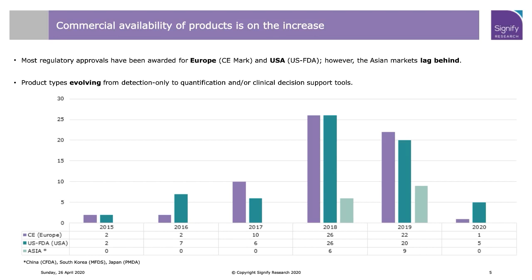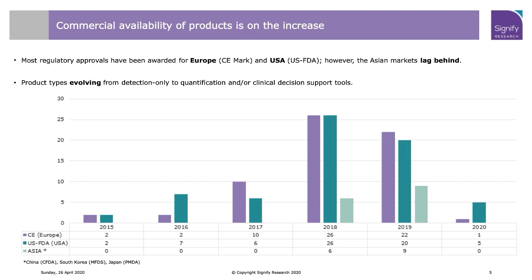And in Europe, over the same time period, 61 AI solutions have been awarded a CE mark. However, as I've mentioned, the Asian markets do lag behind, and in particular, the major markets, namely China, Japan, and South Korea. Cumulatively, these markets have only approved 15 solutions, and that too in the last 3 years.